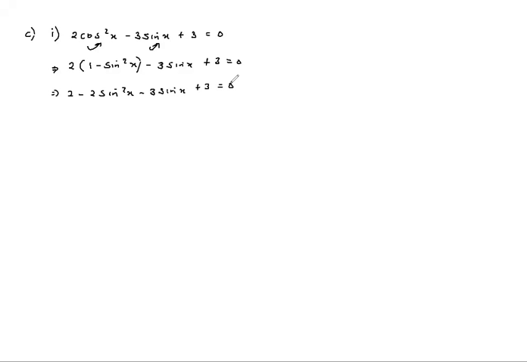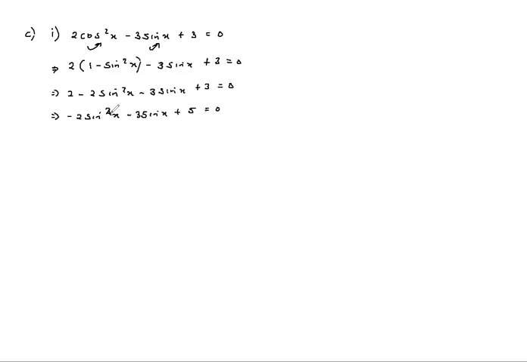So 2 and that 3 there, we are getting 5, so minus 2 sine squared x minus 3 sine x plus 5 is 0. So negative 2 and 5 there give us negative 10.